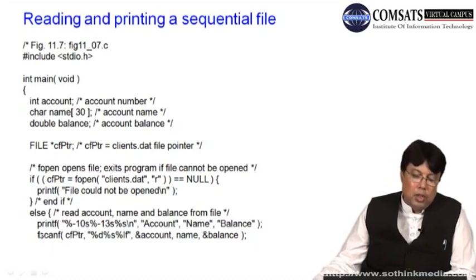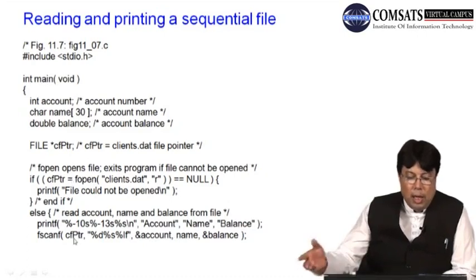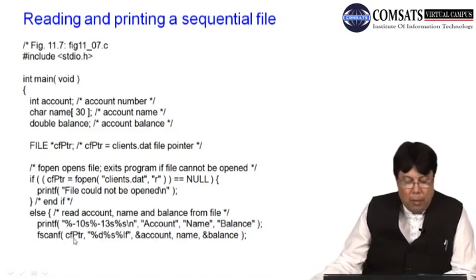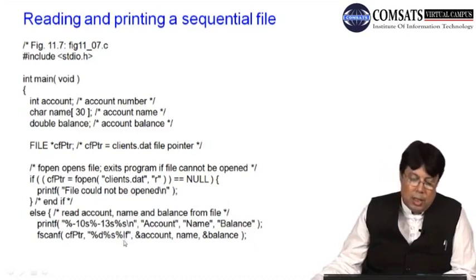This formatted read is just like scanf that was there in the previous example. But this time you are using it with the same format, %d, %s, %f, and the only difference is that you are providing the stream here.